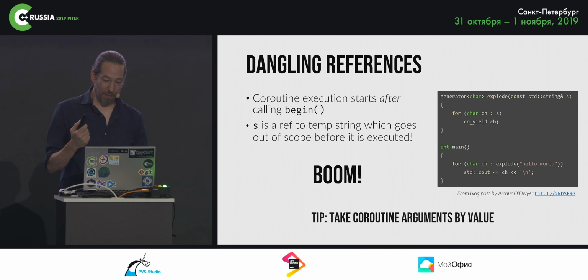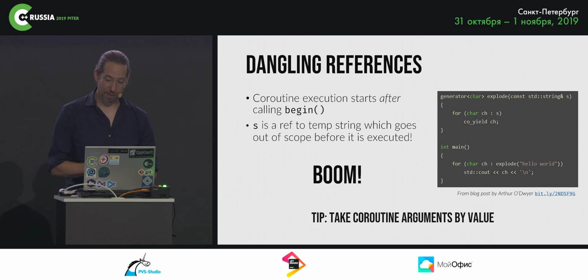Now, if we look at this seemingly innocuous example, we have a coroutine called explode, which takes a std::string by const reference. Inside it iterates over the characters of the string and co-yields them one by one. Since it co-yields, it's a coroutine, and it returns the type generator of char.